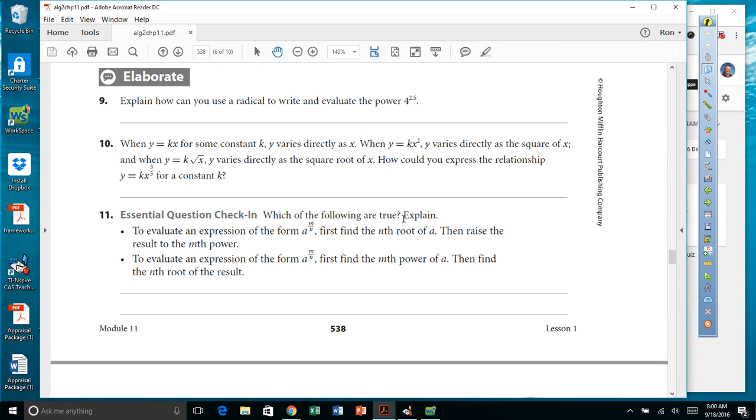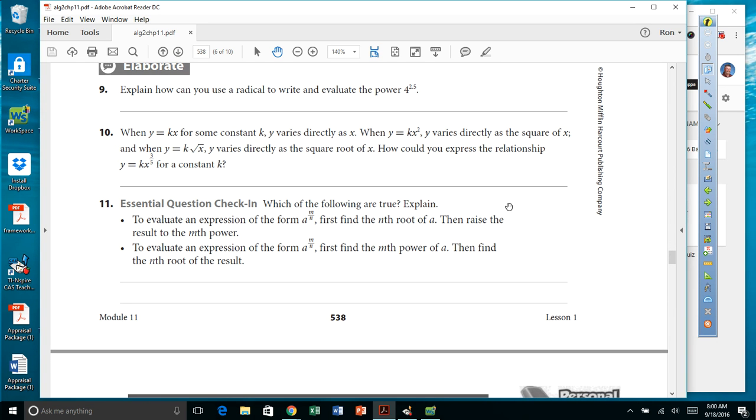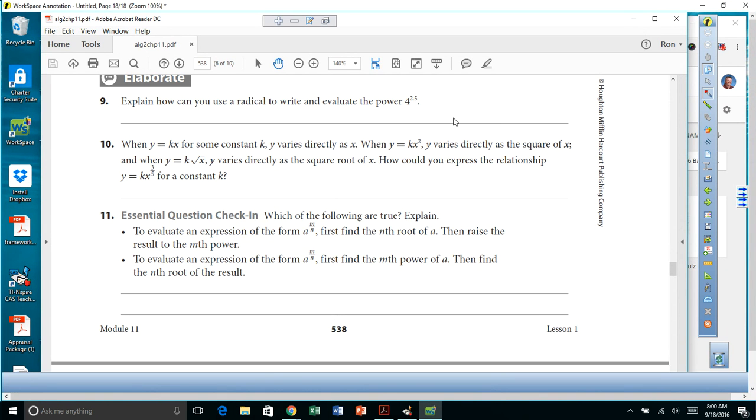Explain how you can use a radical to write and evaluate a power of 4 to the 2.5 power.